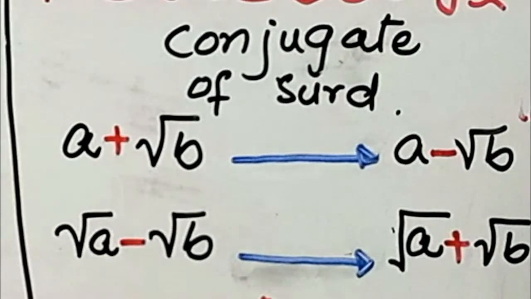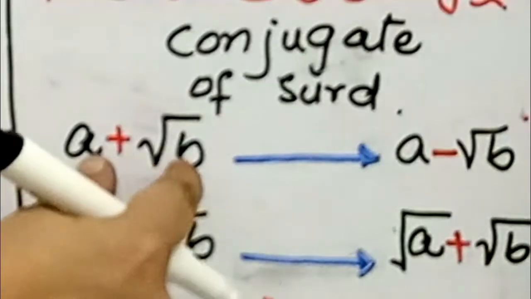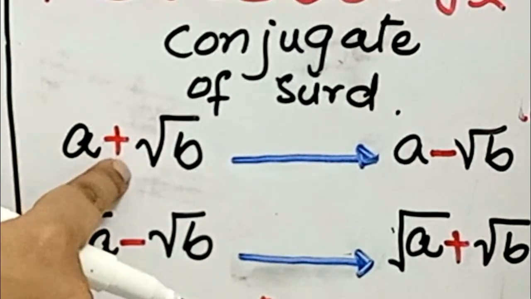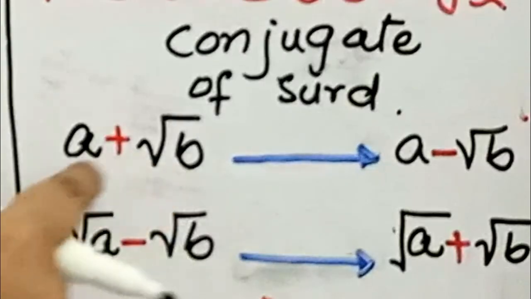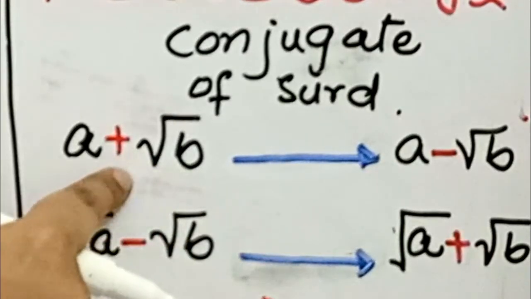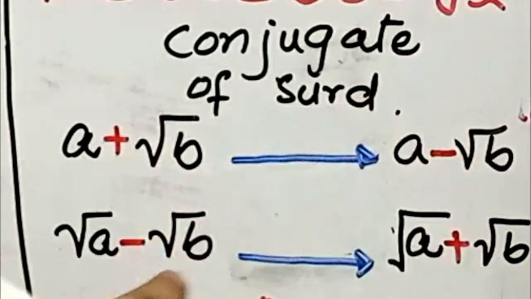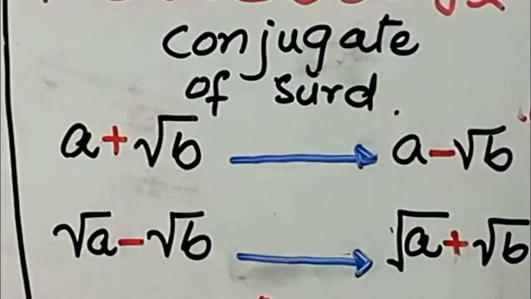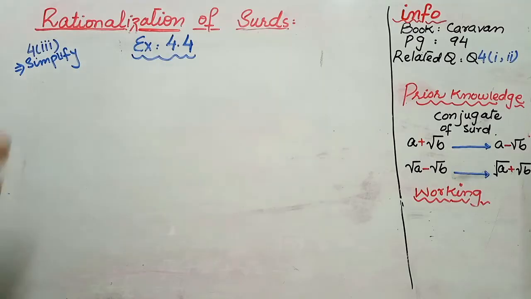If we are going to find the conjugate of this binomial surd, we have to change the sign in between the two terms of the surd. If it is plus, we change it into minus. If it is minus, we change it into plus. So let's start doing question number 4, its third part.